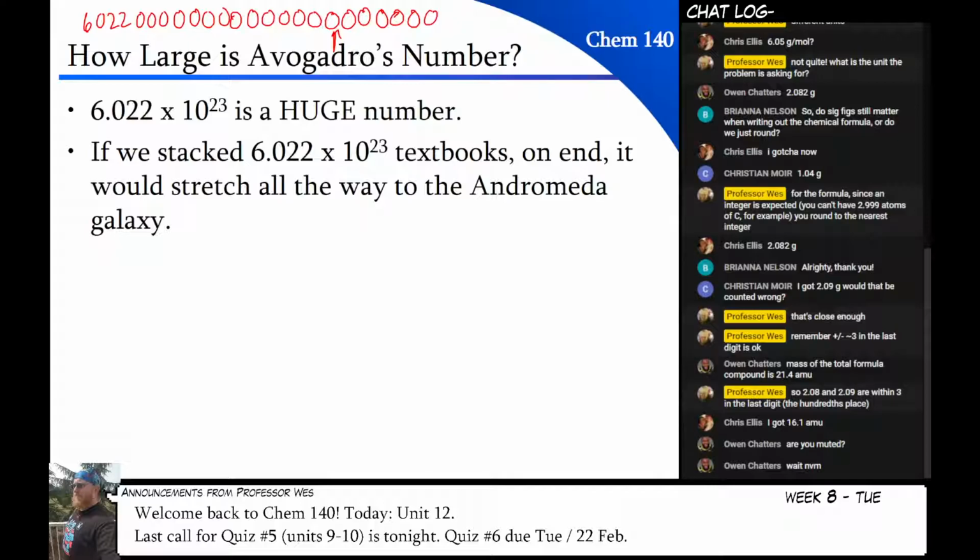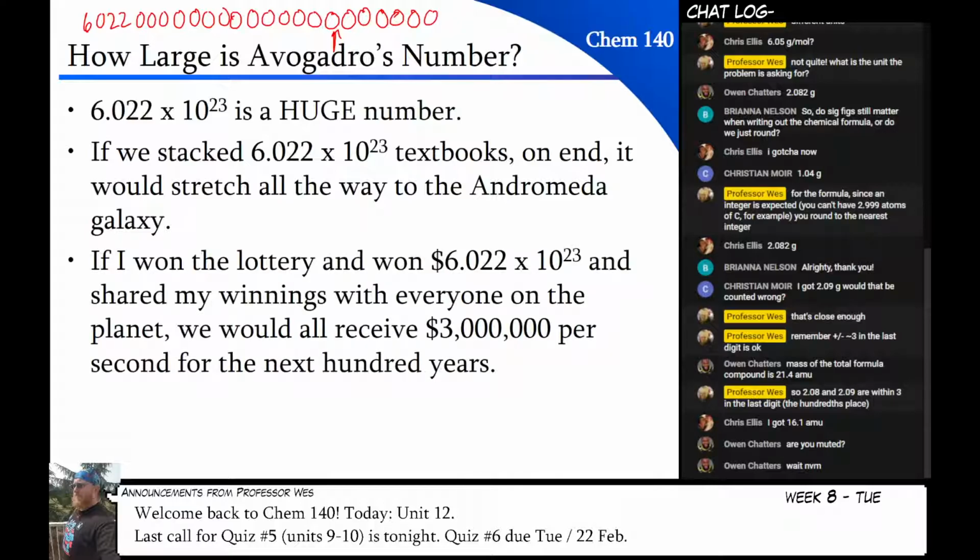How about money? What if I gave you a mole of dollars? If I gave you a mole of dollars and you decided to be charitable and give it away to everybody else, you would have so much money that you could give every single person on the planet $3 million per second, every second for the next 100 years. And you'd still have enough to live comfortably on.